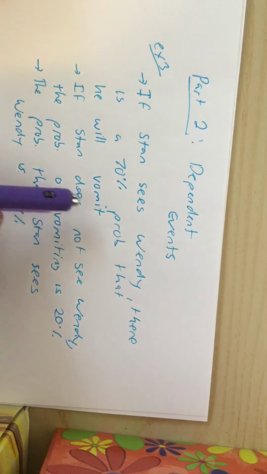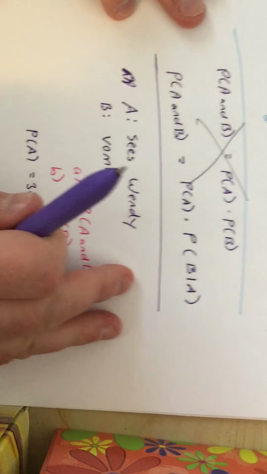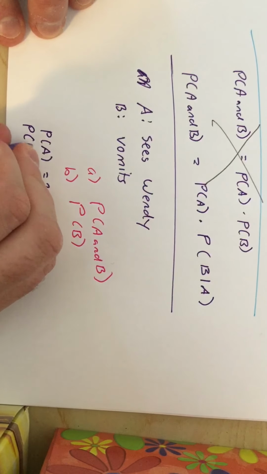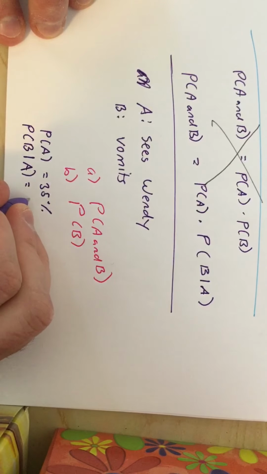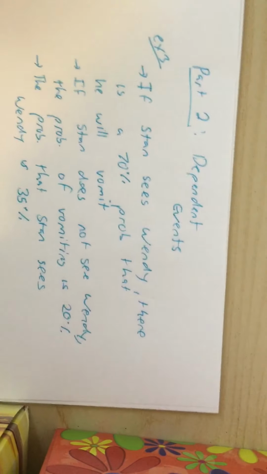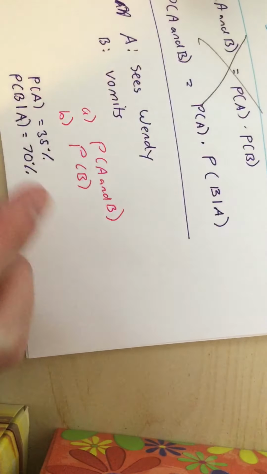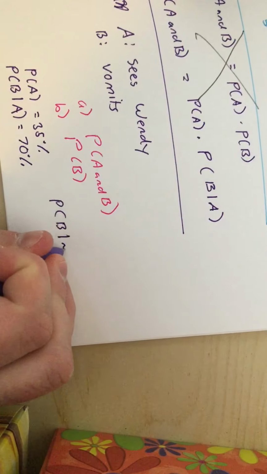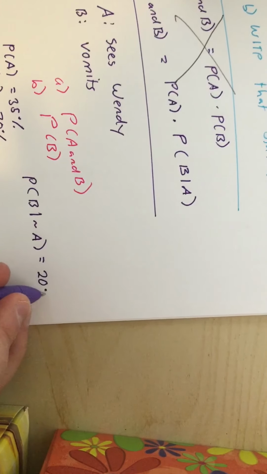So in other words, the probability that he vomits, given that he sees Wendy, is 70%. So that 20% is the probability that he vomits given that he does not see Wendy. And that's 20%.